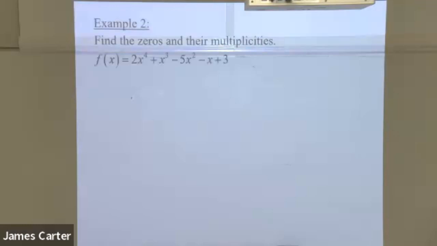Okay, what about this one? All right, here we go. I've got a 3 on the end and a 2 on the front. That one's easy. It's plus or minus 1 and 3, right? Factors of 2 are 1 and 2.